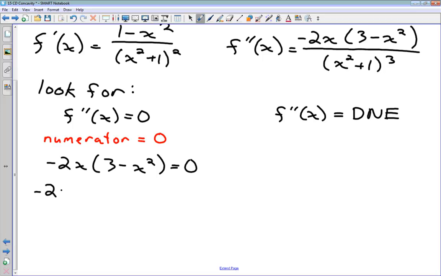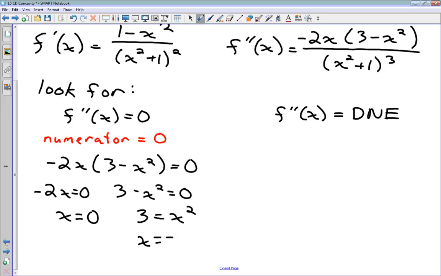So negative 2x equals 0, and 3 minus x squared equals 0. Here we get the solution x equals 0. For 3 minus x squared equals 0, let's bring the x squared over to the other side. 3 equals x squared. That gives us solutions of plus or minus root 3. We get two solutions because x could be positive root 3 or x could be negative root 3.